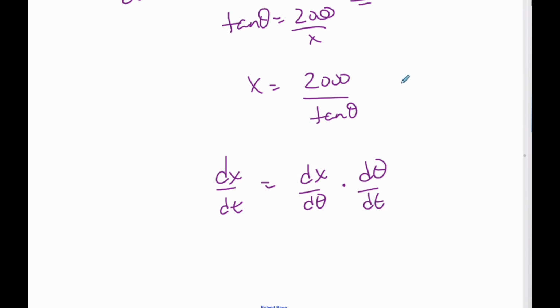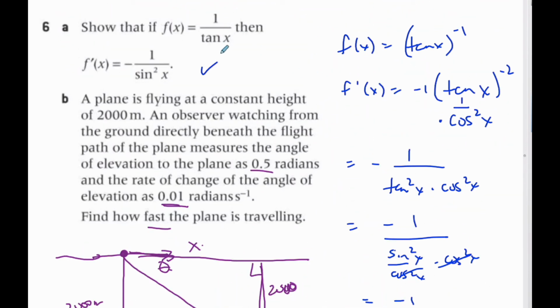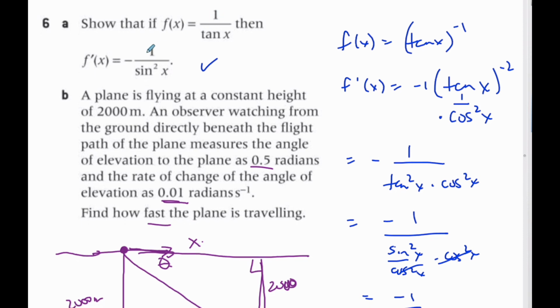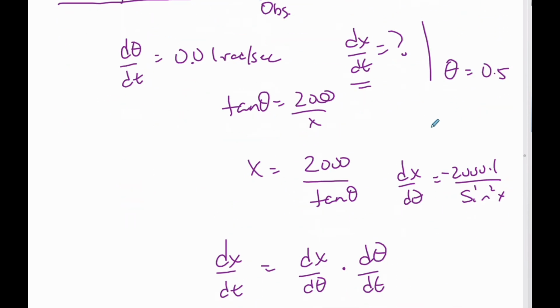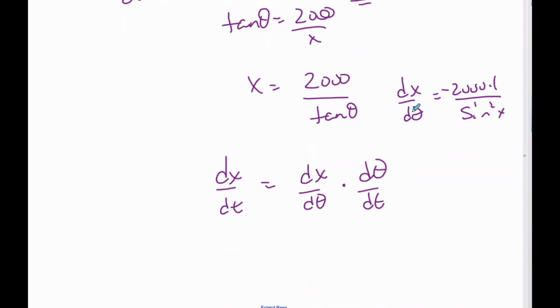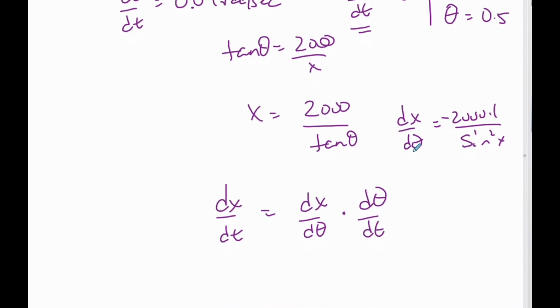So I know that dx d theta is going to be 2,000 times, this is 1 over tangent, so the 2,000 is just going to be carried forward, so it's going to be minus 1 over 2,000 times 1 over sine squared x, which is what we were just shown here. And that's dx d theta, because I did all my calculus work in the blue here to find the derivative.